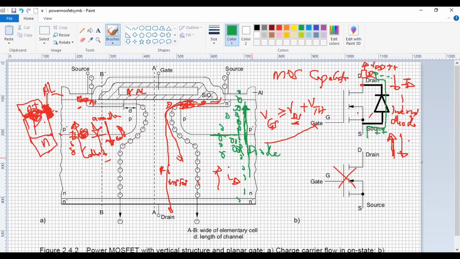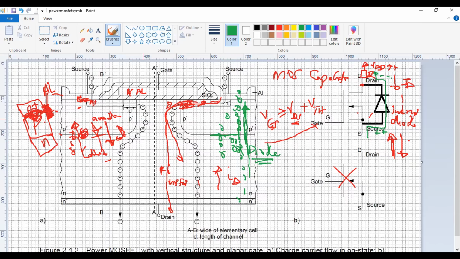That's the one with the diode. Which means that if the electrons are flowing that way, then the current is going the other way. So the source has to be at a higher potential than the drain. So that will sort of be the opposite.